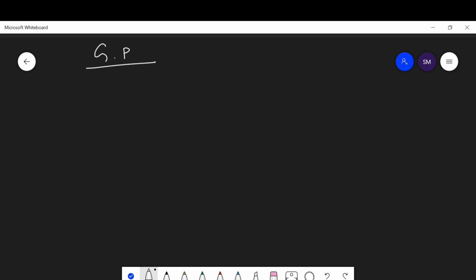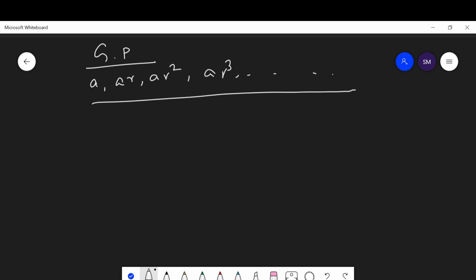The first term is A, the next term is AR, the next is AR square, then AR cube. In this way, this is a GP, where the ratio of each term to the preceding term is a constant.